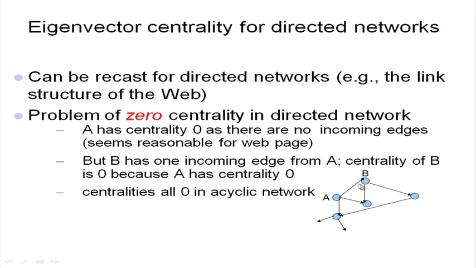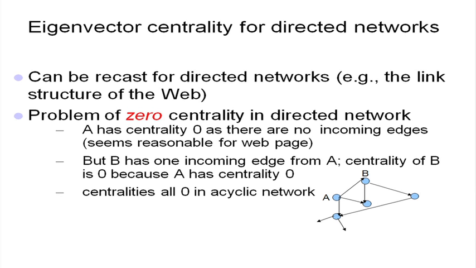Then the node B, consider the node B, this has only one indegree from A. So, this node will also have a centrality value of 0, because A has a centrality value of 0, which is actually borrowed by B, and that centrality is also 0, and in this way it continues and propagates over the entire network.